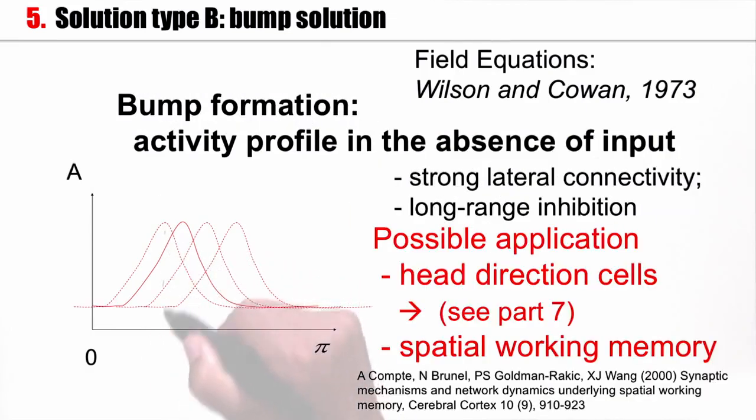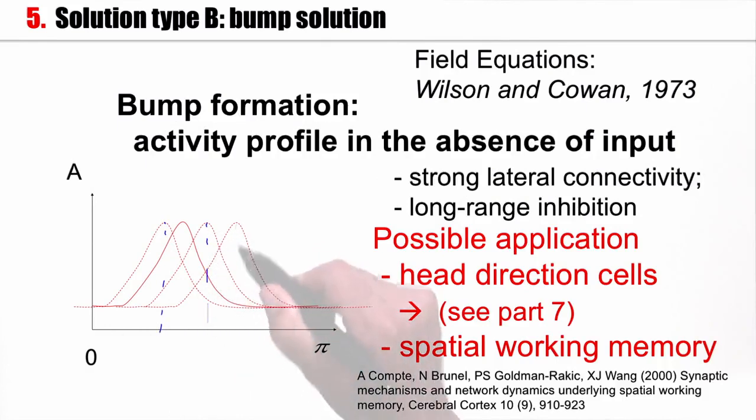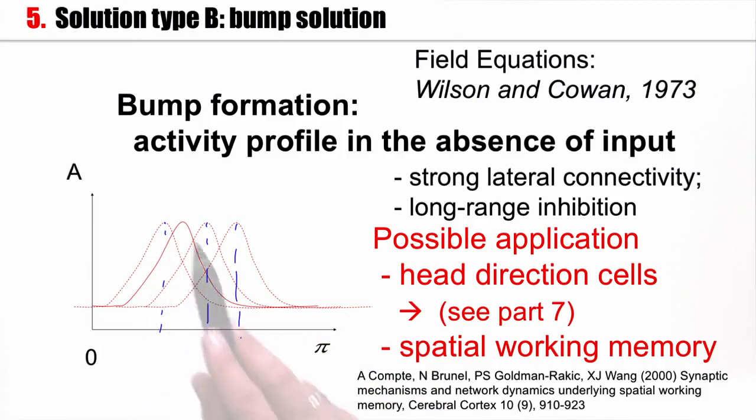It could sit here, or it could sit there, or it could sit there. So I have a translation invariance, but the shape of the profile is always the same. Now, this kind of bump formation might be very useful for spatial working memory, in particular head direction cells, and we'll look at this in part 7 later this week.